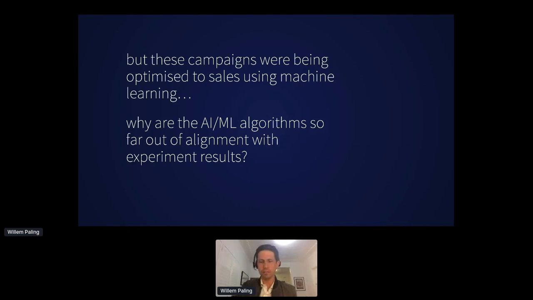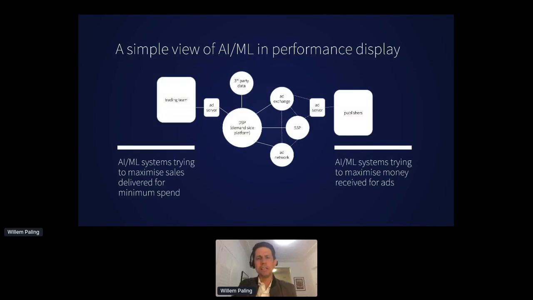In this case, with performance display, there are a range of AI systems working with different goals. There are publishers who generate content like news or whatever content it is, YouTube, and they've got systems which are trying to maximize the money that they receive for ads.